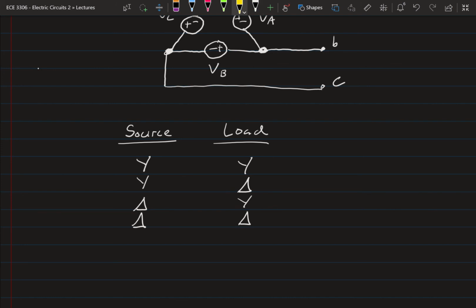In the upcoming two lectures, we'll do some analysis on the Y-Y configuration and the Y-delta configuration. But we won't worry too much about the delta-Y or the delta-delta, although they do exist and have their merits and drawbacks.